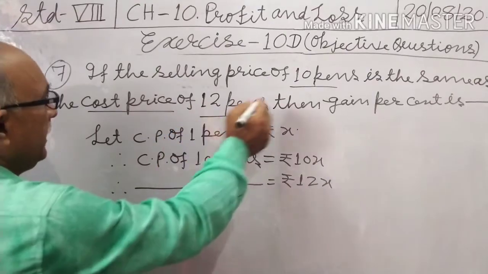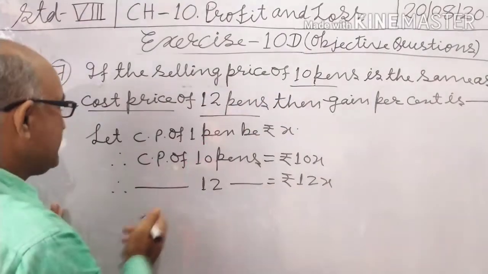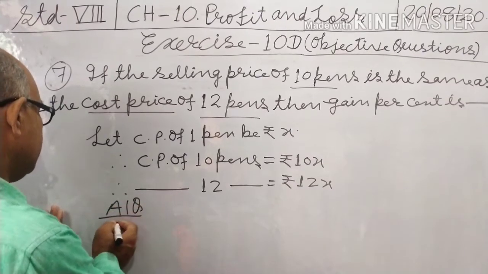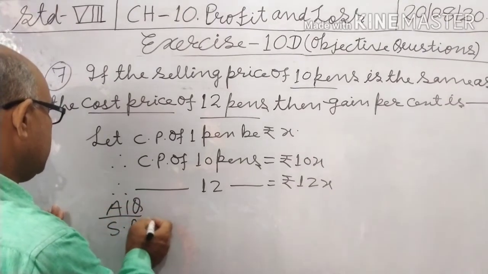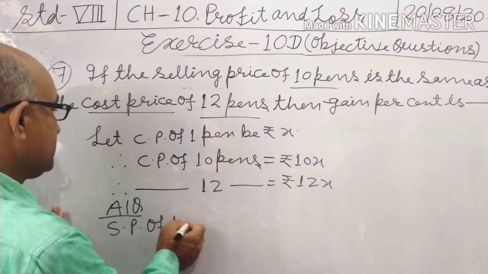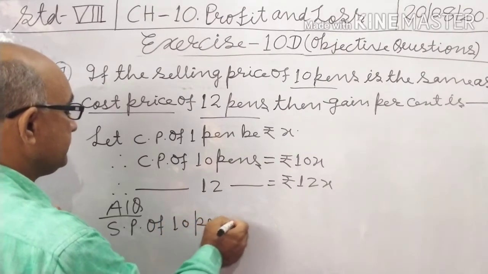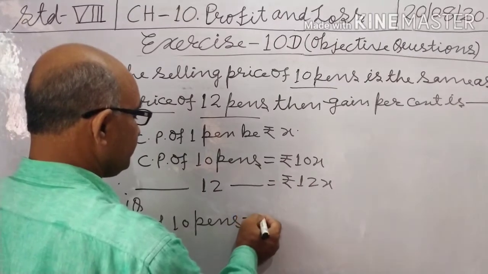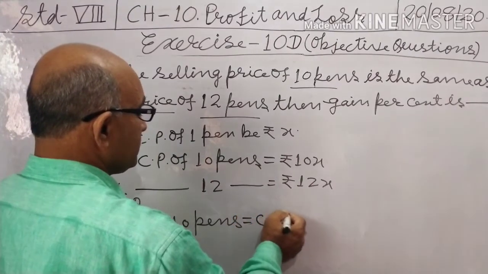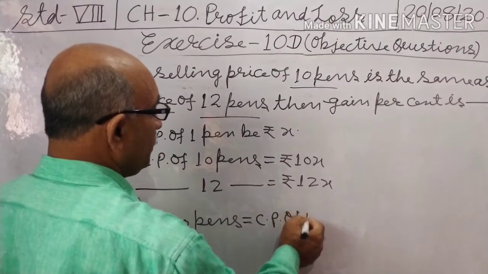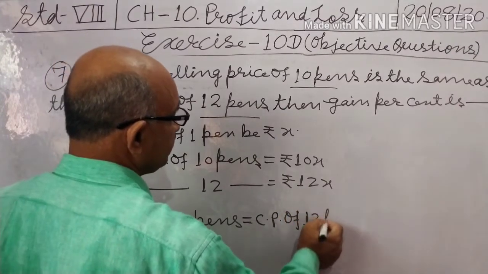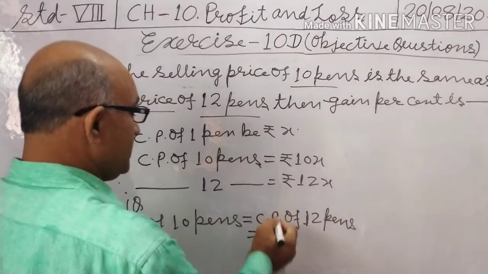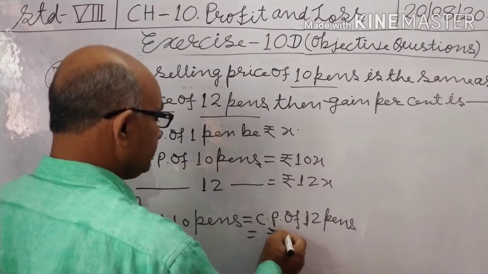In the question, selling price of 10 pens, according to the question, SP of 10 pens equal to CP of 12 pens, equal to rupees 12x.